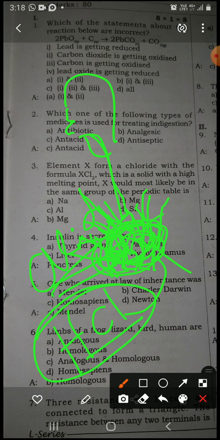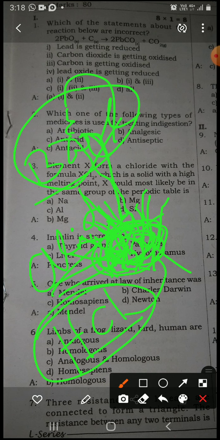In order to avoid that, we use a base. Usually we use baking soda, which is a base. When we take a medicinal antacid like Eno or Gelusil, it is prepared from a base.